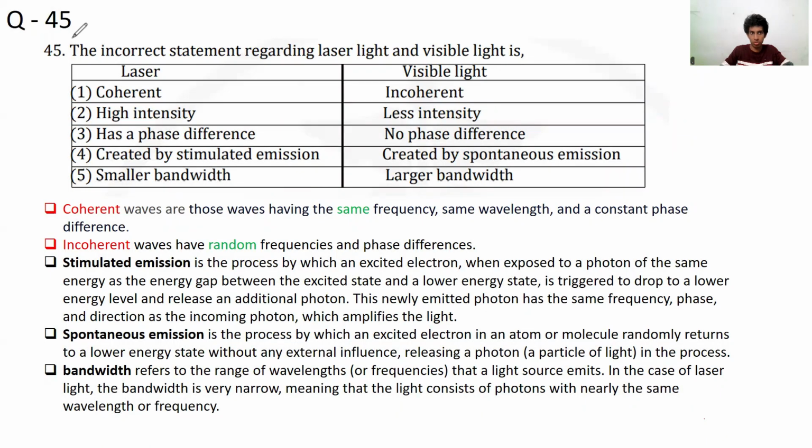Question number 45. The incorrect statement regarding laser light and visible light is: First one, coherent and incoherent. That is correct because laser light is coherent while visible light is incoherent. So what are coherent waves?